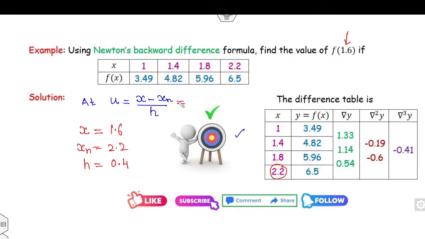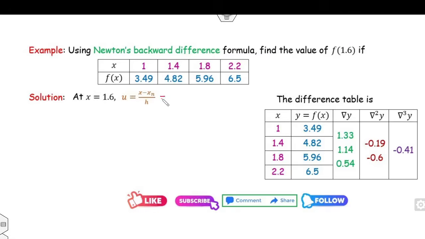I can substitute this value in the formula of u: 1.6 minus 2.2 divided by 0.4. So what is the answer of this? It's minus 0.6 over 0.4, that's minus 1.5 is the right answer.